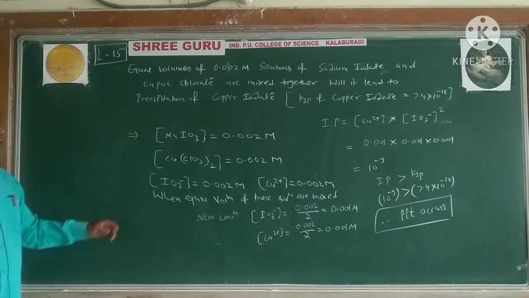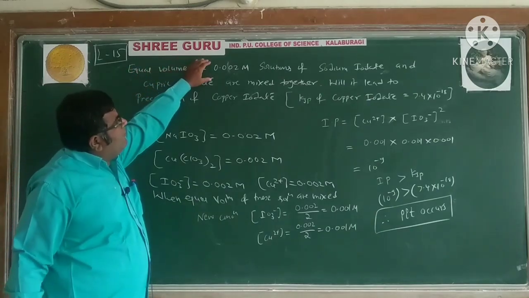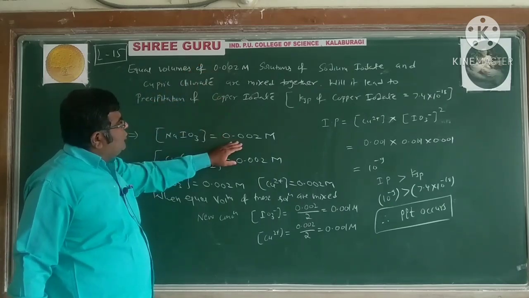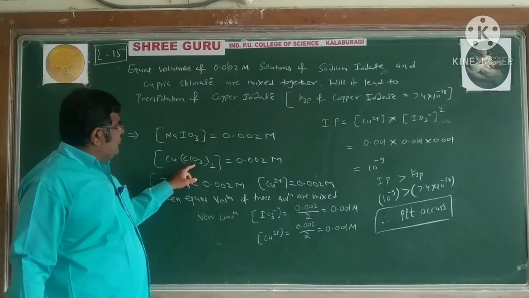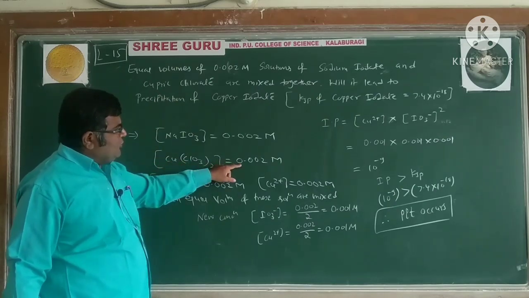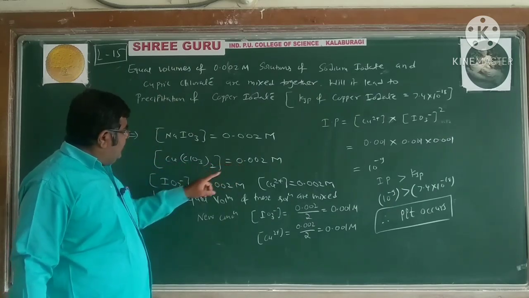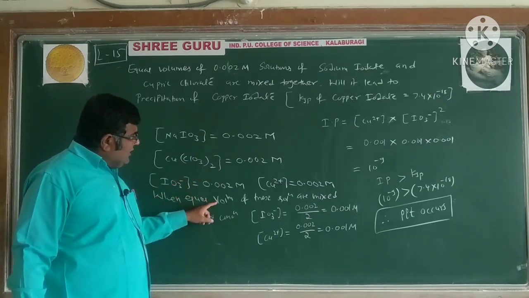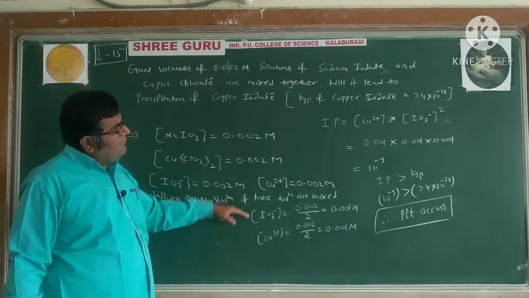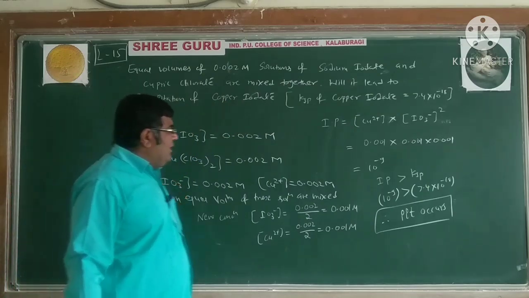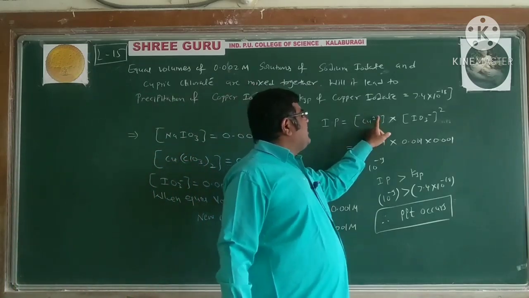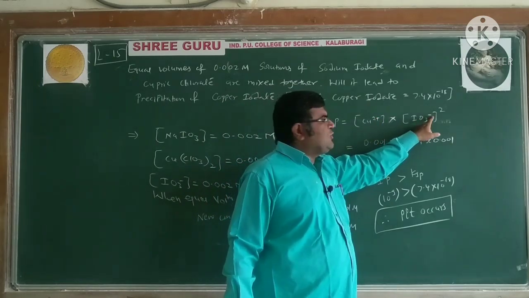See here, they have given the sodium iodate concentration 0.002 mole per liter. Cupric chlorate, Cu plus 2 and ClO3 minus concentration 0.002 mole per liter. Equal volumes added, concentration becomes half. We calculated the ionic product. Why we made it square? Because valency of copper is plus 2 and this is minus 1.